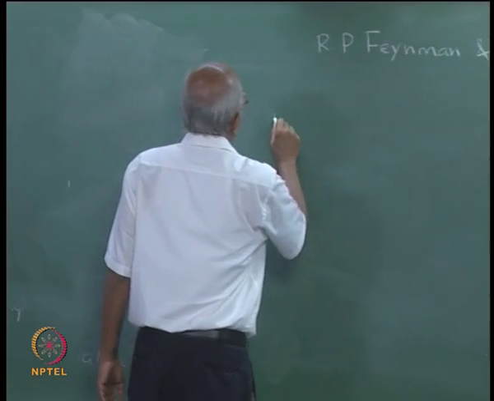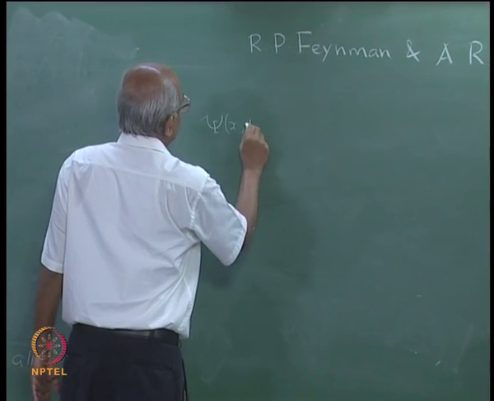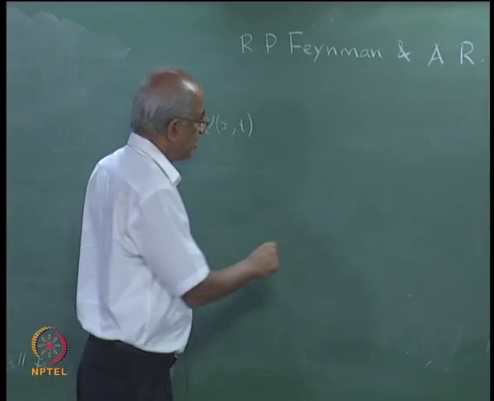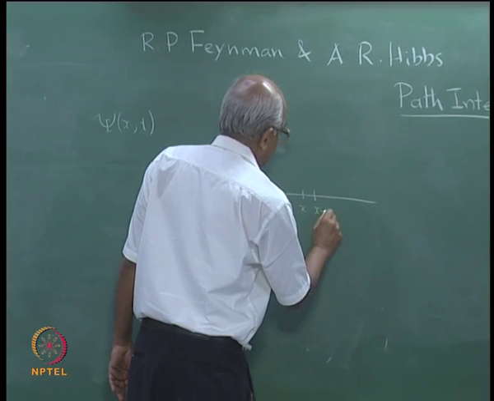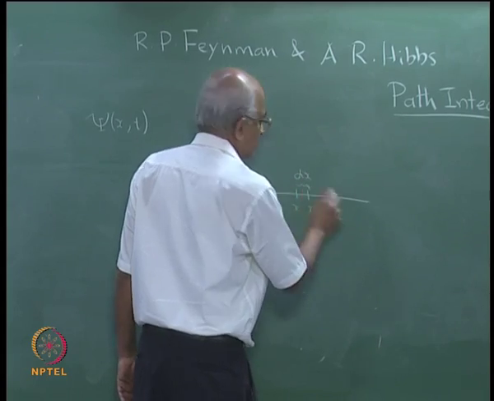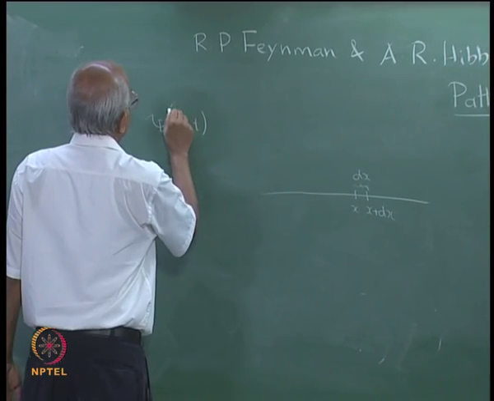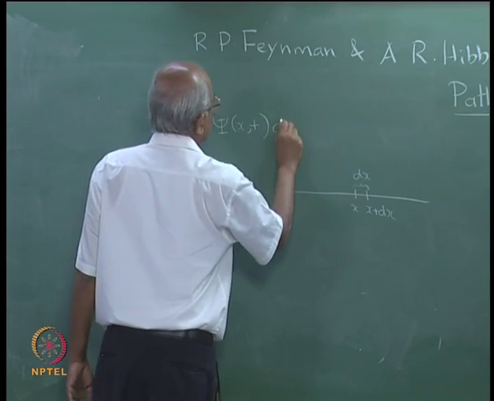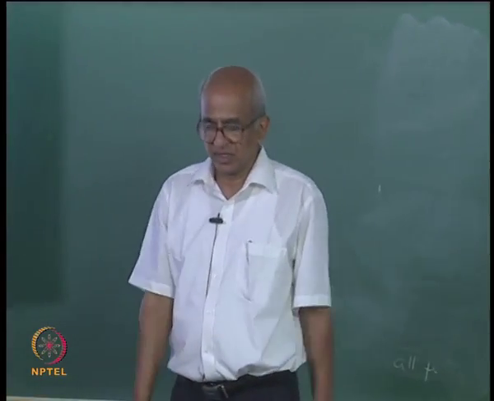In that case, the probability that the hydrogen atom is between x and x plus dx. Let me be very clear. This is the point x, that is the point we are having position coordinate x plus dx. I am thinking of the probability that the particle is in this interval dx, and that may be obtained as psi star x psi x t into dx. This is the probability. That is what we have postulated now.